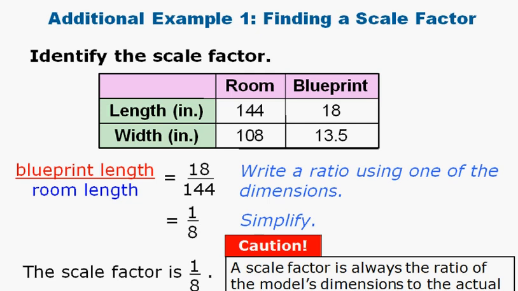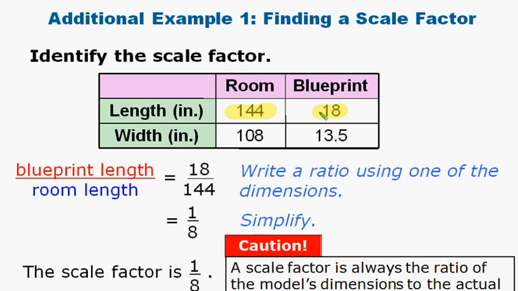And so for this, we can look and see that the length of the room is 144, but the blueprint representation of it is only 18 inches. The width of the room is 108, but the blueprint representation is 13/5. So we can actually look at the dimensions of this and see what the actual scale factor is.